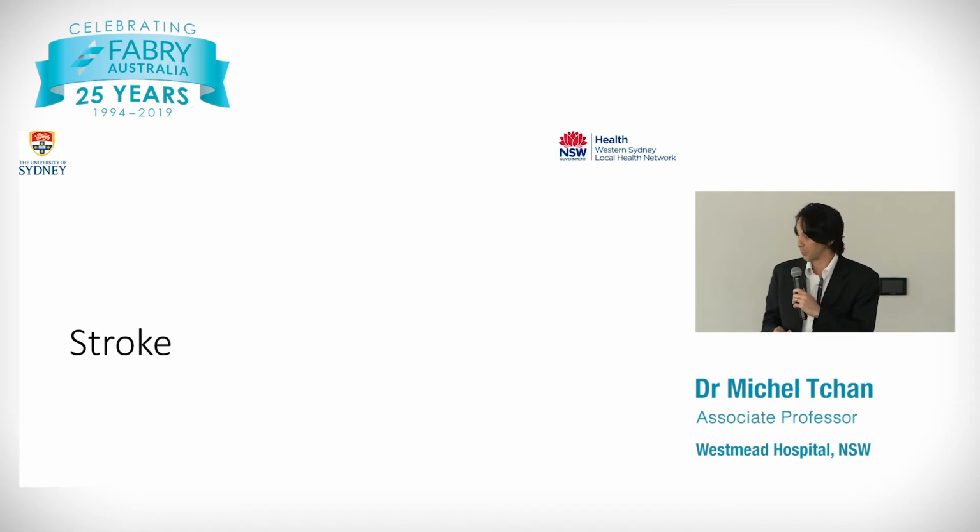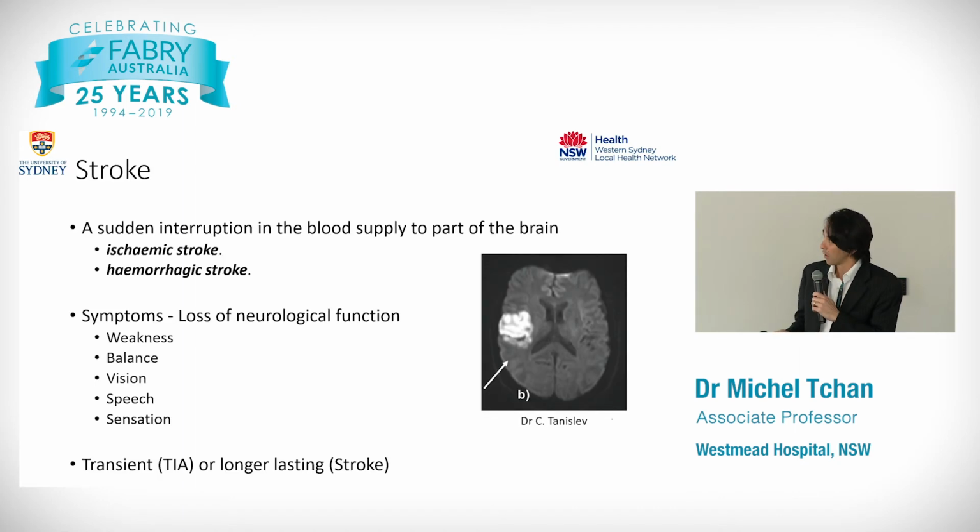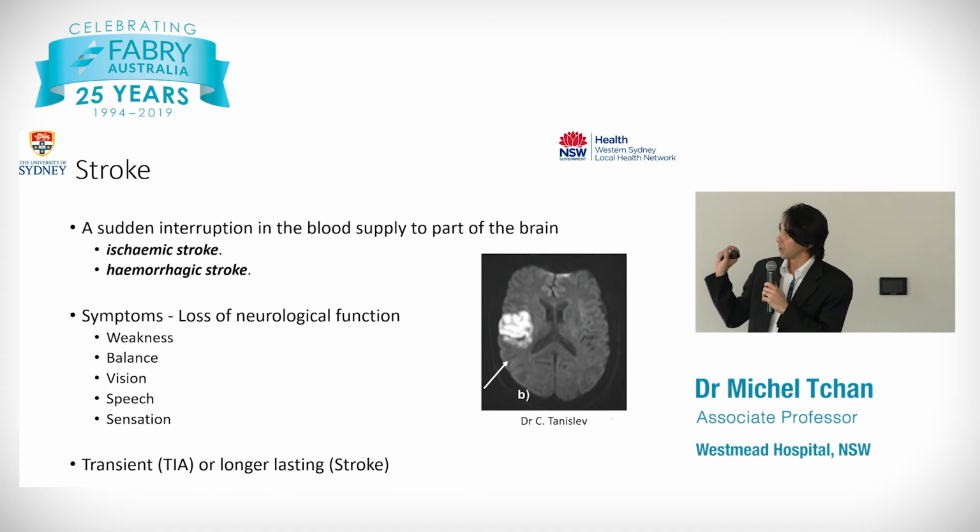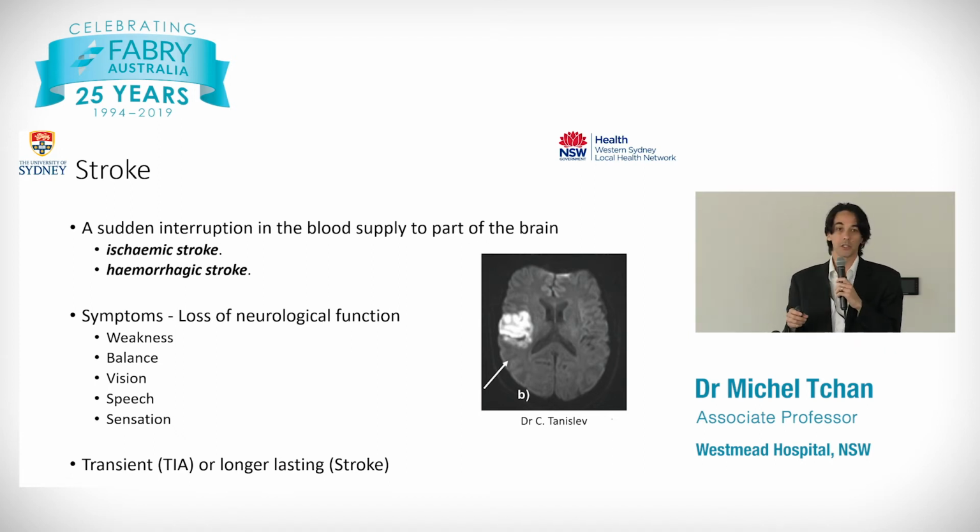So moving on to the effect of stroke in Fabry disease. I'll quickly describe what a stroke is for the audience. Stroke is essentially a sudden interruption in the blood supply to a particular part of the brain. There are two different types of stroke, and they might seem a little counterintuitive. There's what we call an ischemic stroke, where the blood vessel is blocked.